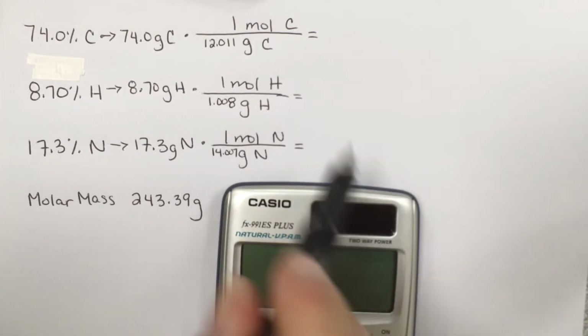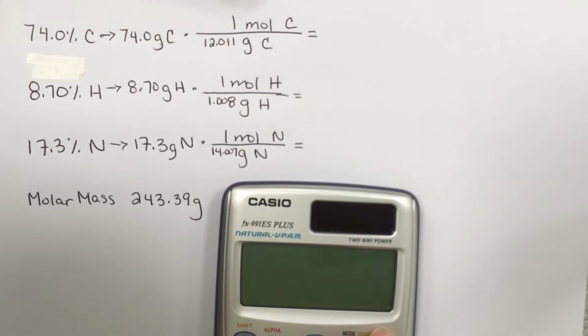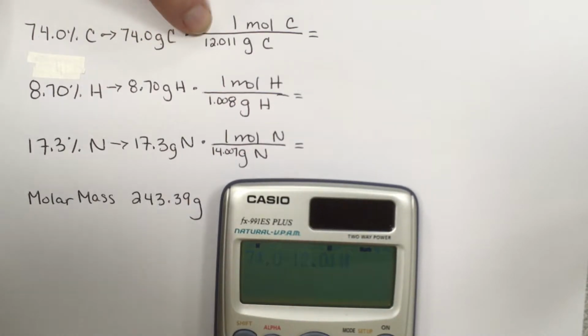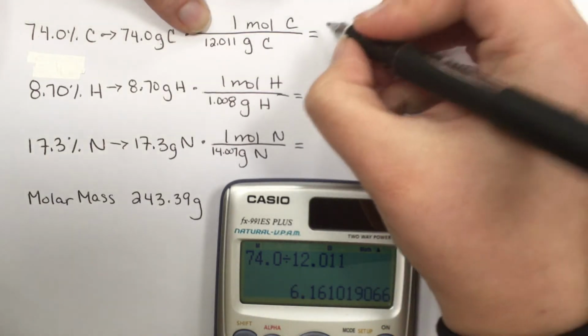And then remember, we divide by the lowest mole number. Turn it on. Okay, so it's 74.0 divided by 12.011. We have 3 significant figures, so 6.16.